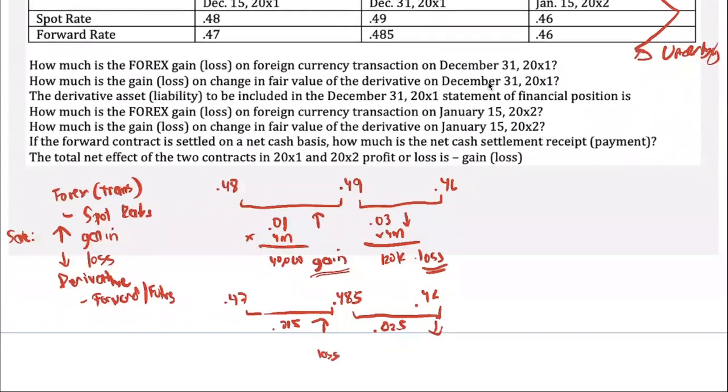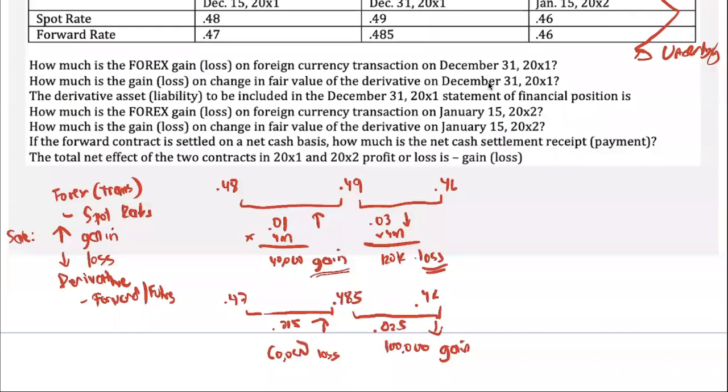And a loss on a transaction is a gain on a derivative kasi mag-o-offset dapat sila. Nasusundan? Okay. So first, what is the amount of our loss? So we have a difference of 0.015. 0.015 times 4 million, we have 60,000 loss. And then for gain, we have 0.025 times 4 million, we have 100,000 gain.